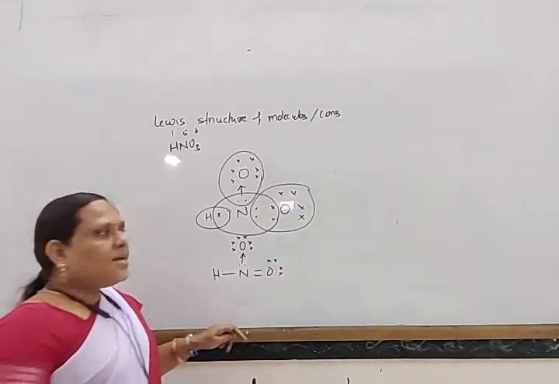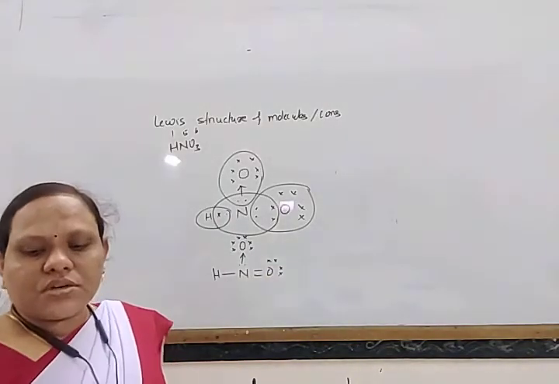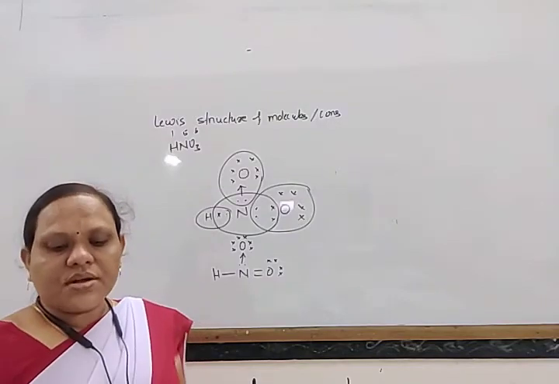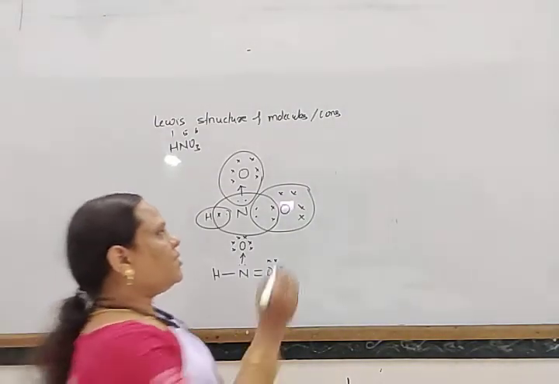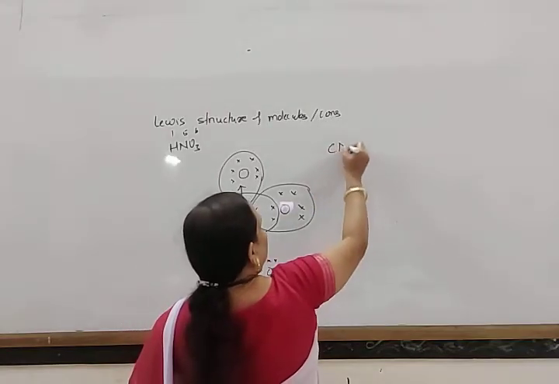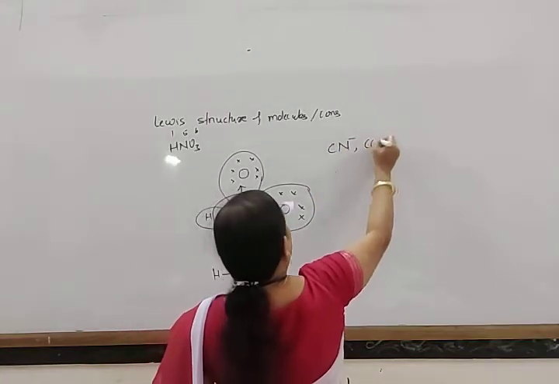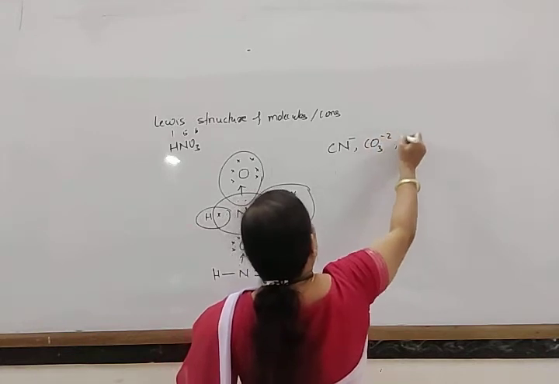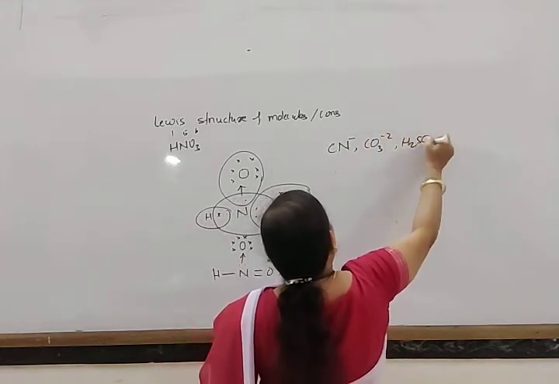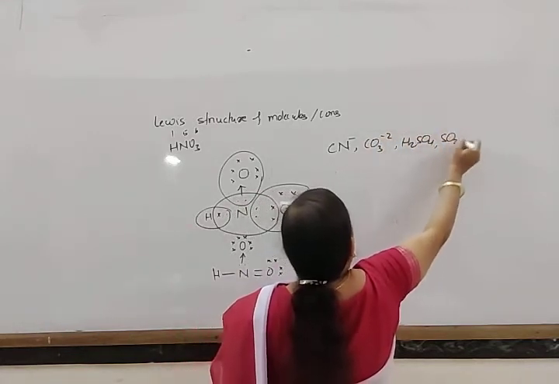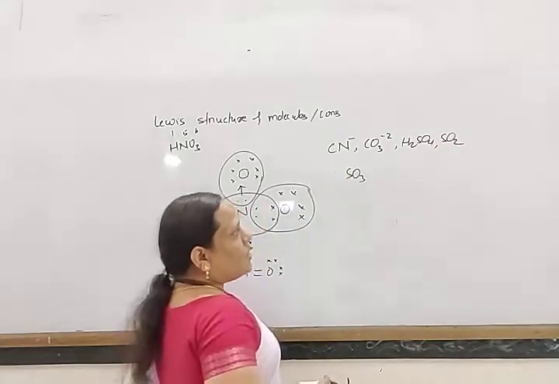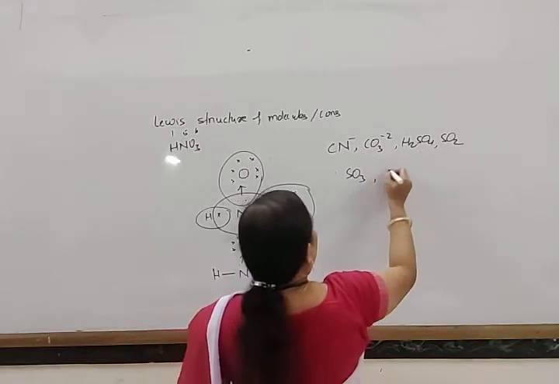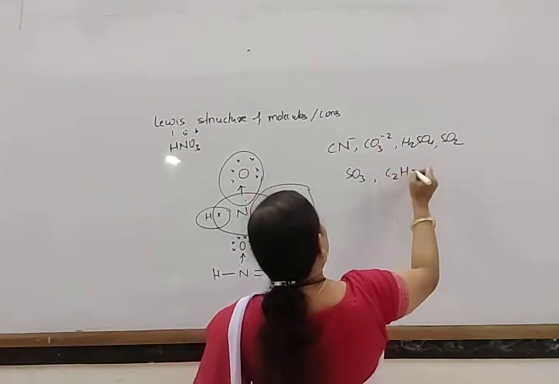Similarly, write down the structures of different molecules or different ions: cyanide ion, carbonate ion, sulfuric acid, sulfur dioxide, sulfur trioxide, acetylene.